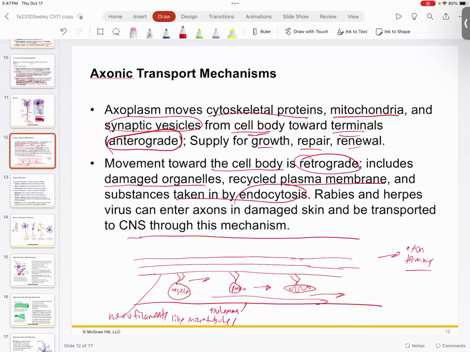Now, this is the anterograde direction, and then the retrograde would be the return reaction. So now you have these motor proteins that are taking, let's say, damaged organelles, and they're moving them back to the cell body.